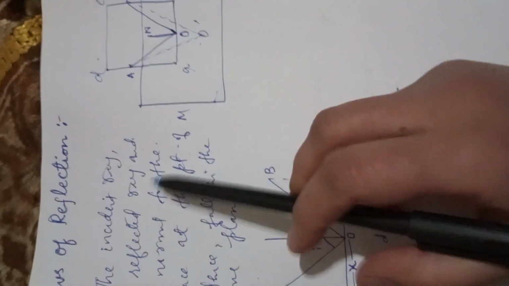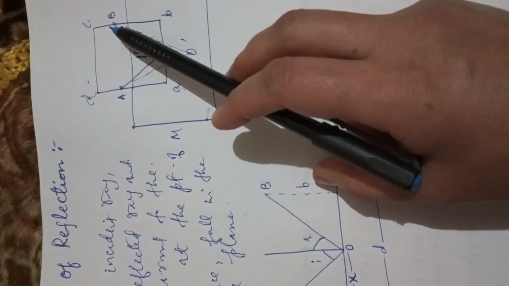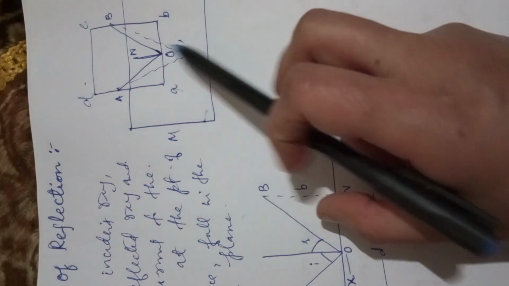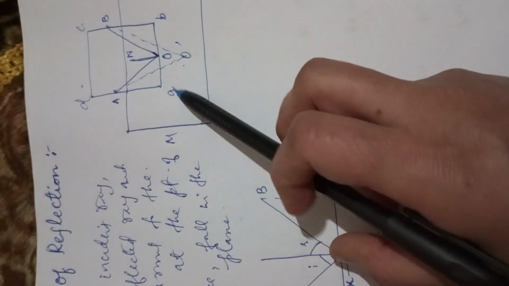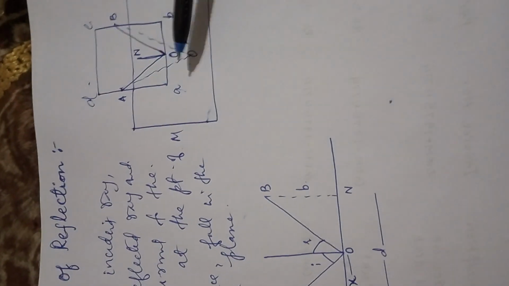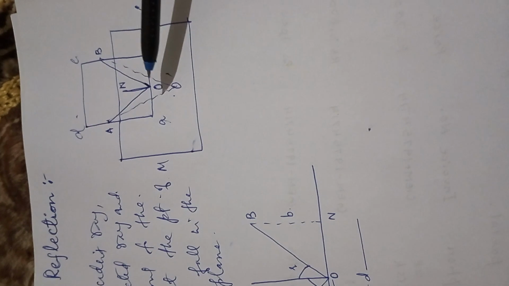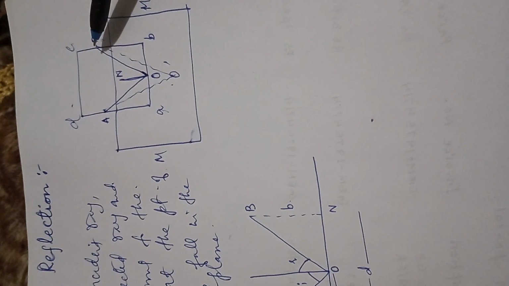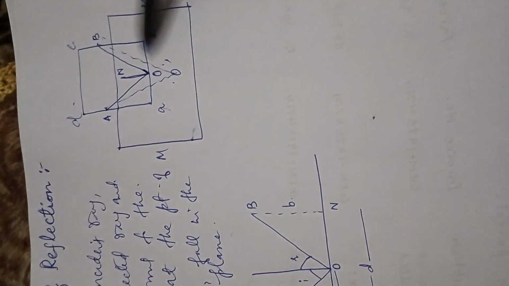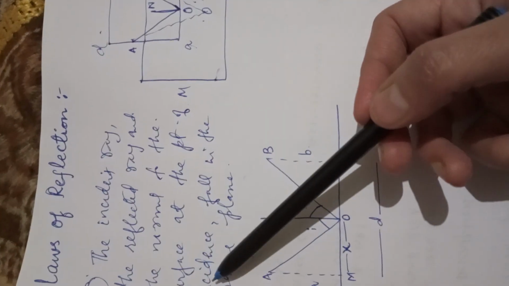But using Fermat's principle, which says that light will follow the shortest path, obviously AO dash plus O dash B will be greater than AO plus OB. But because we know that light follows the shortest path and shortest time, AO dash plus O dash B will not be a preferential path. What will be a preferential path instead? AO plus OB. So this is how, using Fermat's principle, we can prove the first law.